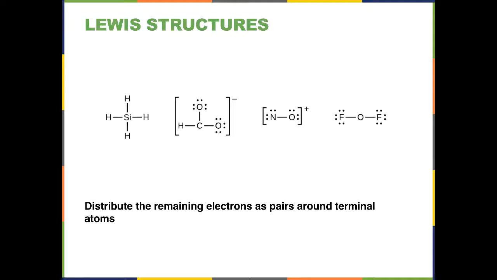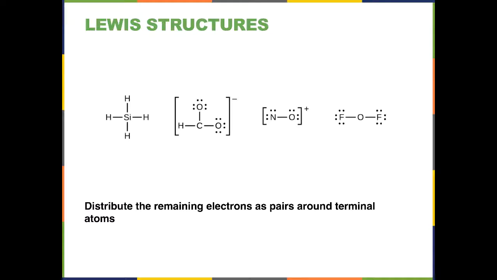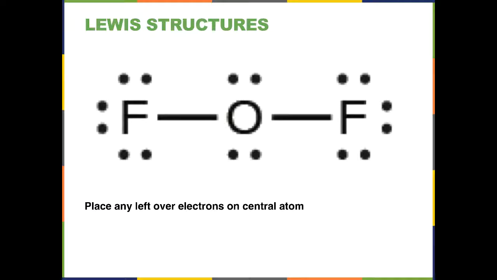We probably ought to do what it says next, which is to leave any leftover electrons, which in this last one, the only one that had leftover electrons was the F2O. And we had, after we put all this together with 12 plus 4 or 6, we had 4 left over. So we're going to put those 4 on the oxygen. So now this one is fulfilled.